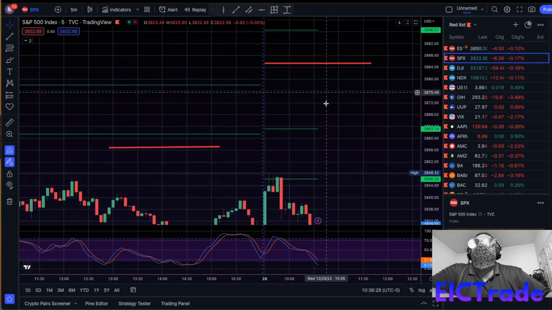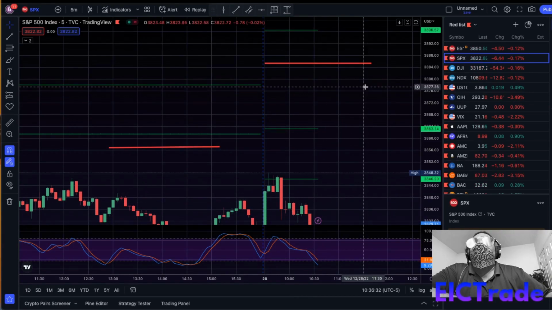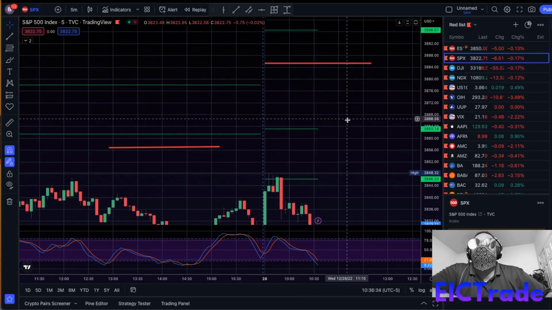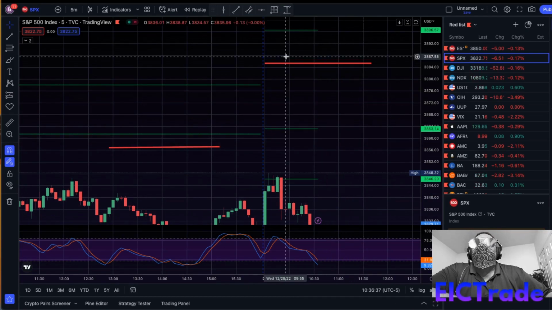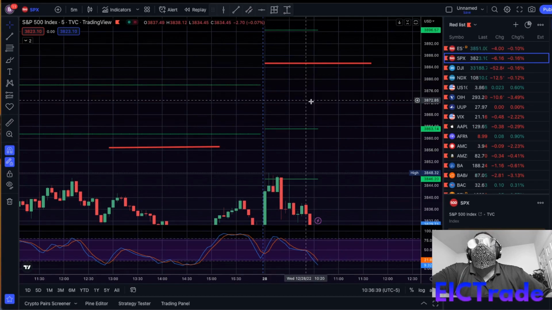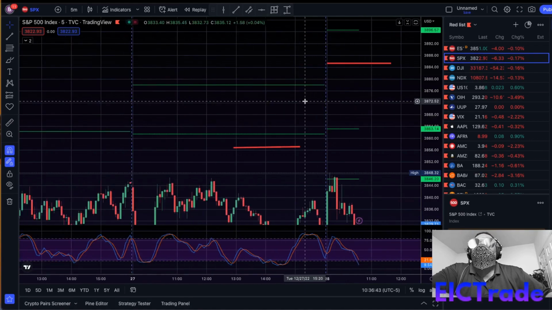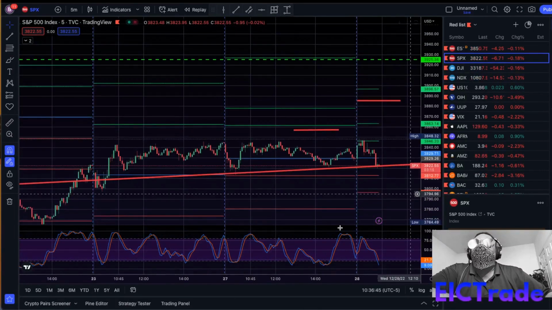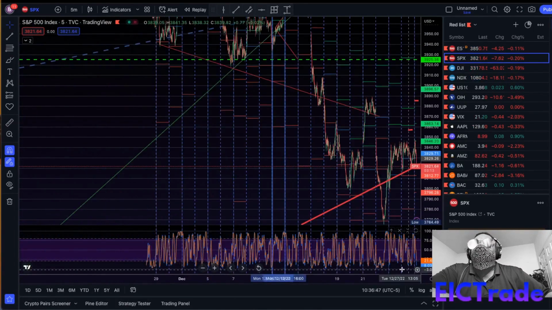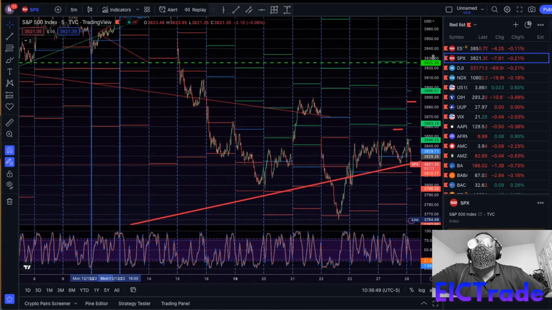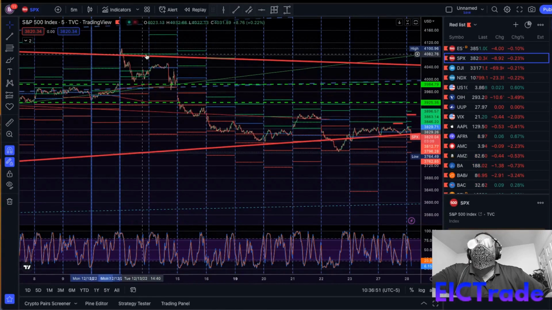So there's no catalyst to kind of catapult the market up through all of these resistance areas and this open ground right here. So I've got a sideways to negative bias on the market right now anyway, just because of the current trend. The current trend of the market is downward. If I back out a little bit, we can see we've got a clear downward trend going on right now.